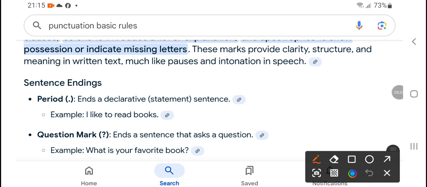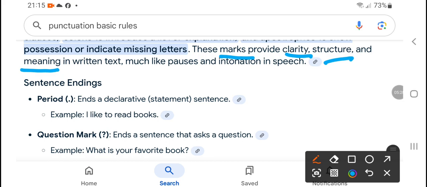These marks provide clarity. Why do we use punctuation? Because these marks provide clarity, structure, and meaning in written text, much like pauses and intonation in speech. So these are used for taking a pause. Comma indicates a little pause.